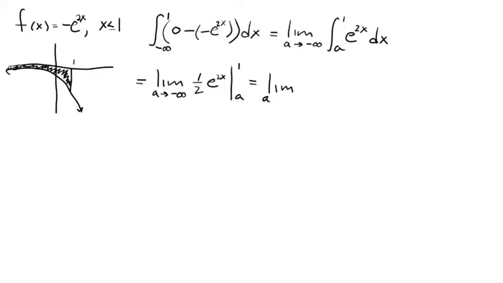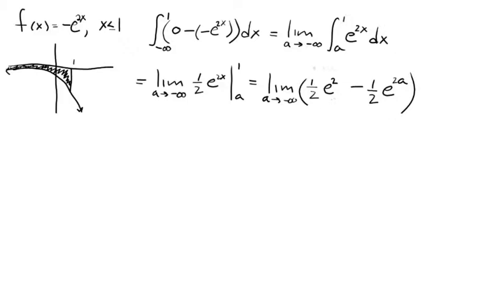I still have to carry the limit. The top bound is 1, so that becomes 1/2 e to the 2 times 1, or e squared, minus 1/2 e to the 2a.